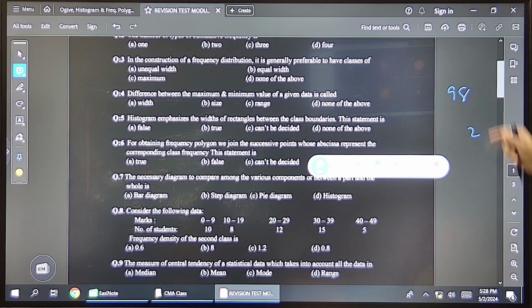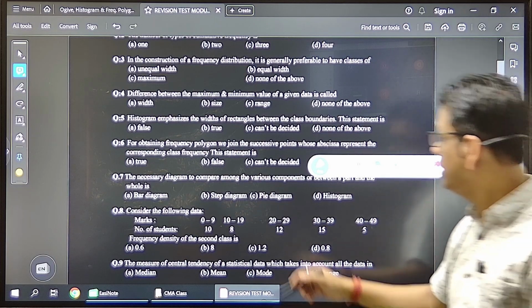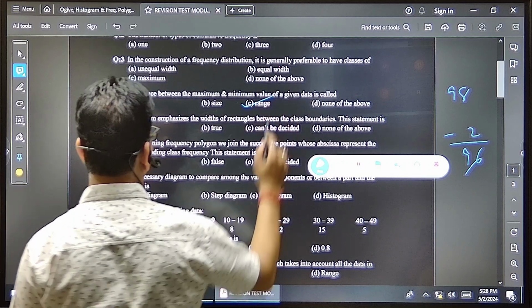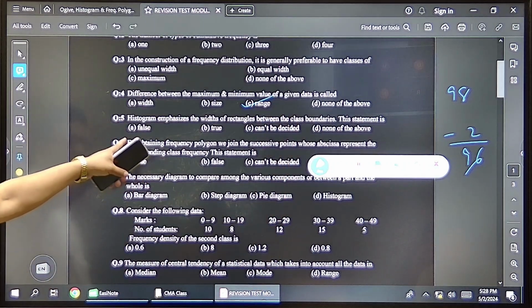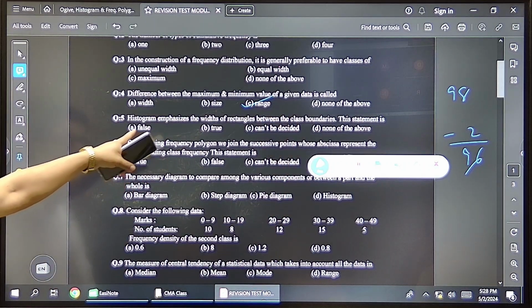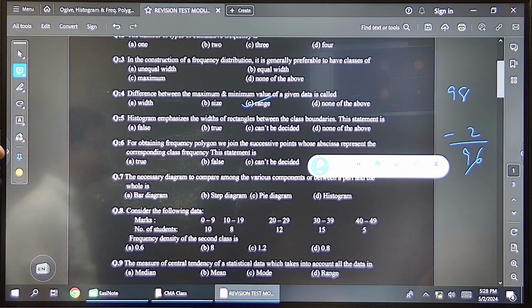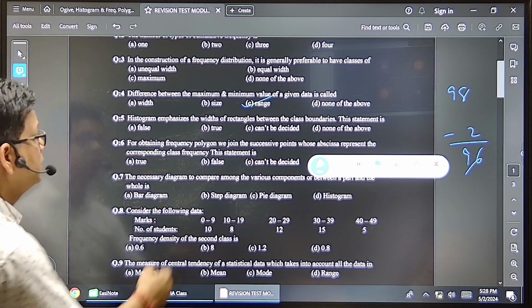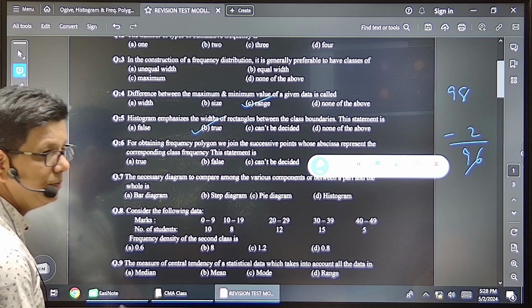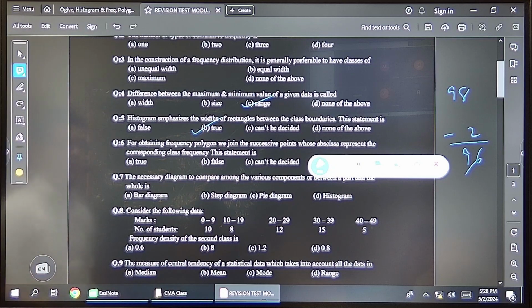So the highest minus the lowest is simply the range. This is called the range of data. Next, the histogram emphasizes the width of the rectangle between the class boundaries. Yes or no? So it is true. It explains about the width.